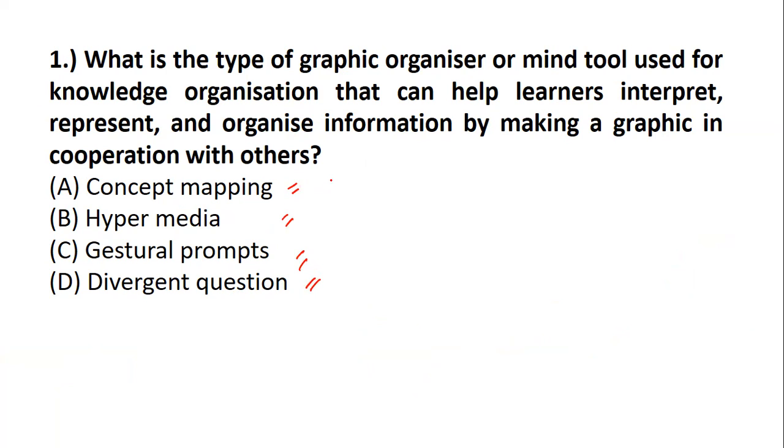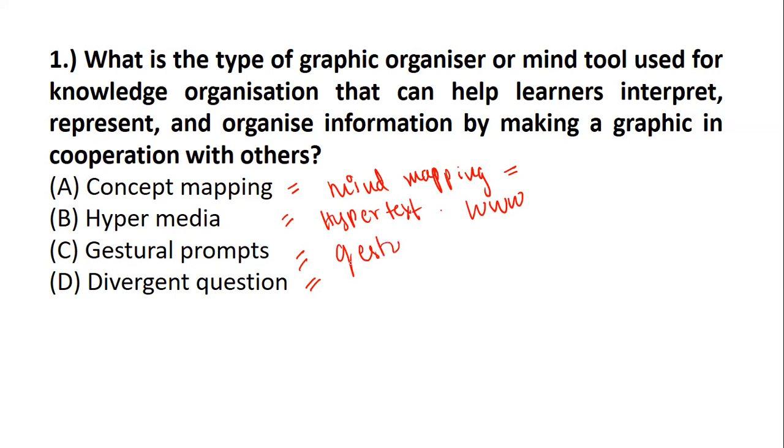When I say concept mapping, it is equivalent to mind mapping. Whatever information, whatever type of learning you have visualized, you try to map it and then go ahead, or you try to learn that information, or you gain knowledge. Hypermedia is nothing but an extension of hypertext, right? The best example is the World Wide Web. Gestural prompts. Gestural means you are using gestures.